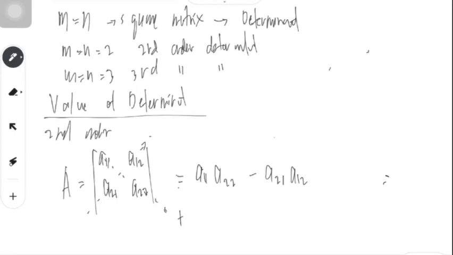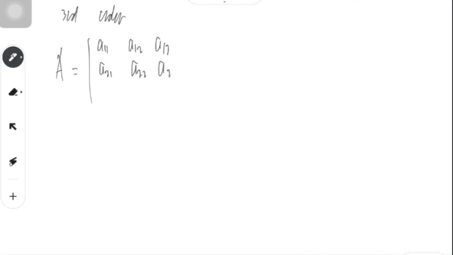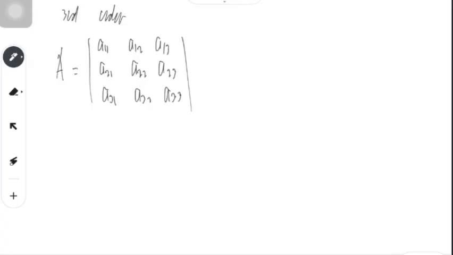Now for the third order, we have A11, A12, A13, A21, A22, A23, A31, A32, A33. Now using the diagonal method, no, in order to avoid confusion, simply repeat the first two columns.